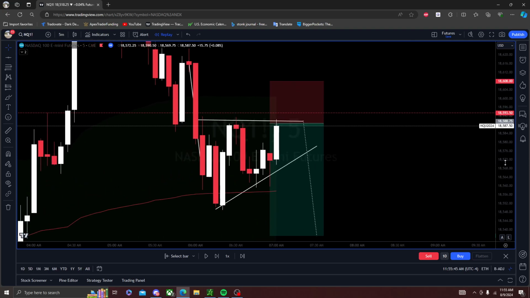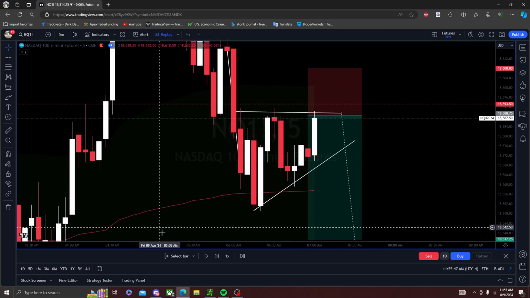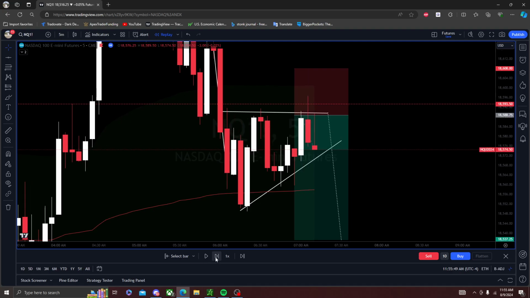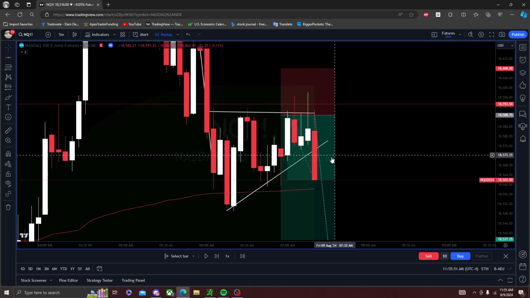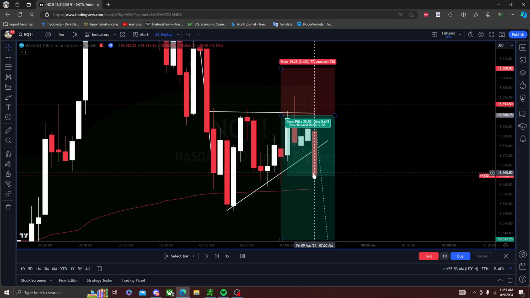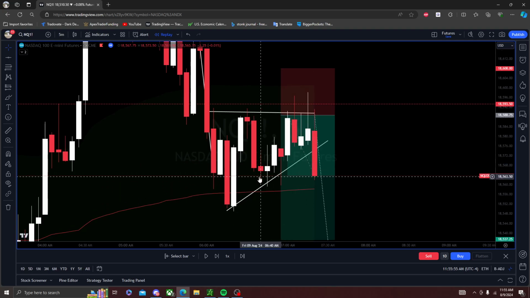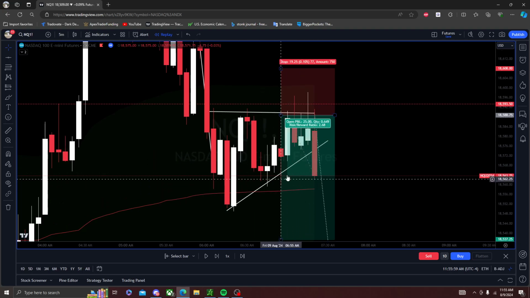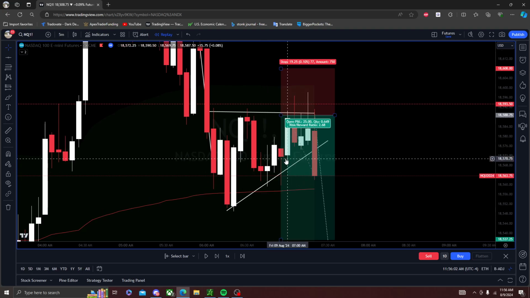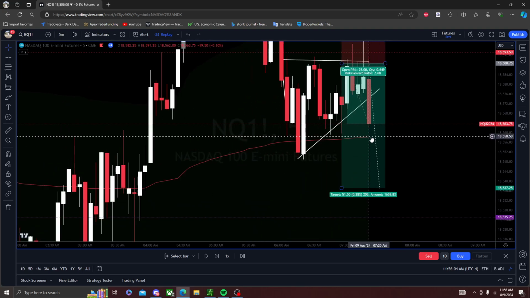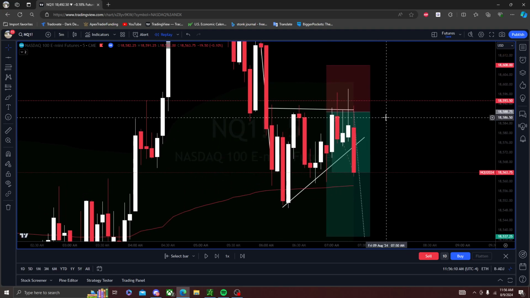But let's take a look at how that follows through. So yes, yes, yes, and then this would be your confirmation candle that we would most likely see lower, as this candle here did get that break of structure. We got a 5-minute candle close below that previous higher low. But for me, a little bit more confluence would be if we actually ended up getting the break below VWAP right there.